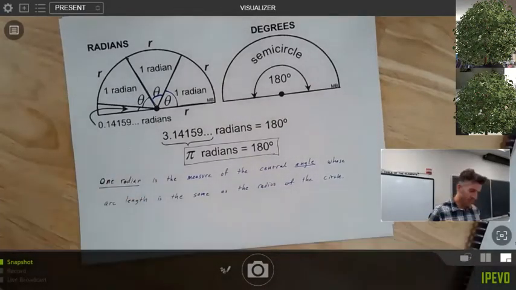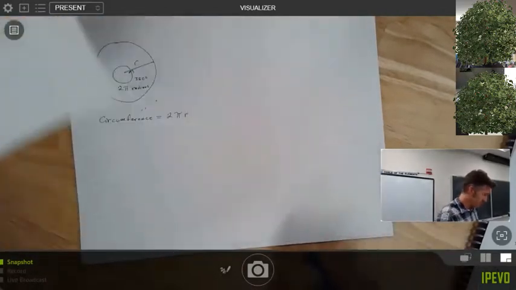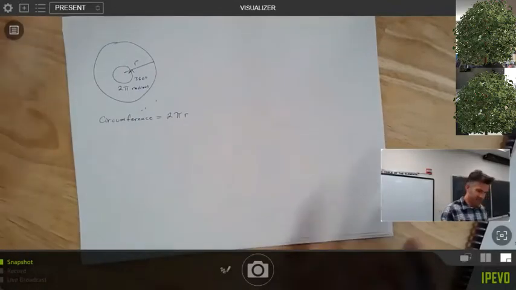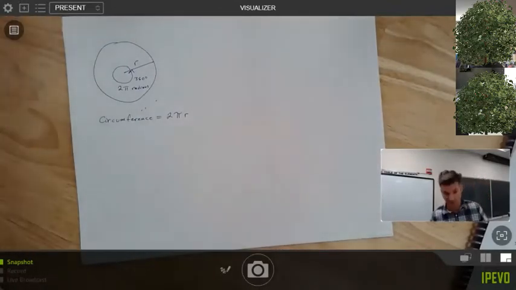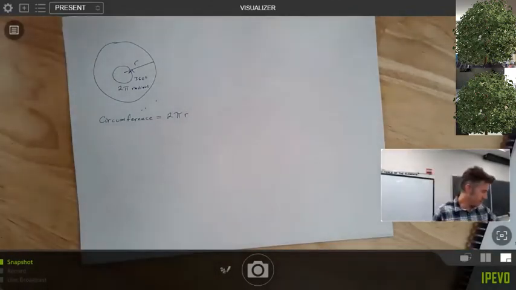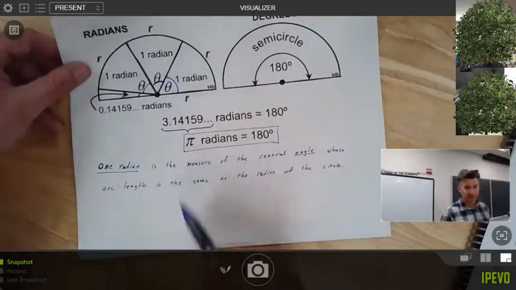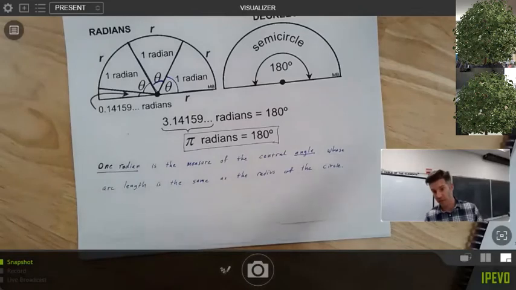Okay, so pi radians angle measure is the same as 180 degrees. And you might wonder why I emphasize that so much, other than we use it all the time. I remember myself not having a great idea of what a radian was. But just to look one more time, 1 radian is that angle there. It's approximately 57 degrees.